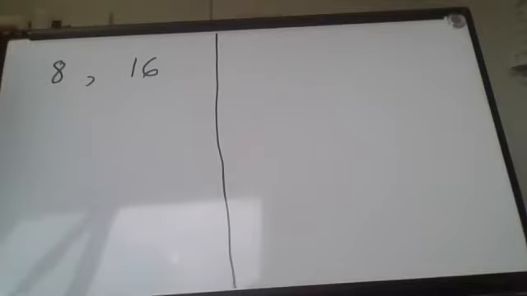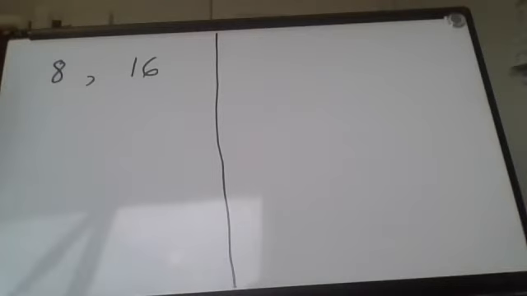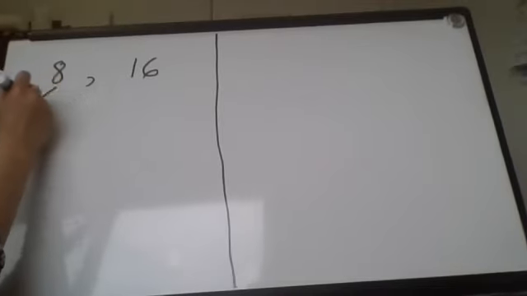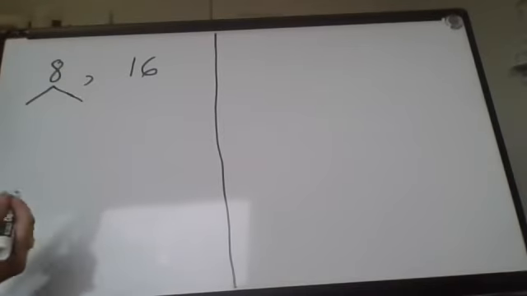So I'm going to start from a very simple concept. I just put here two numbers, 8 and 16. How do I find the greatest common factor for these numbers? You can break it down, and there are many products. You can make it 2 times 2 times 2, or 4 times 2, or 8 times 1.